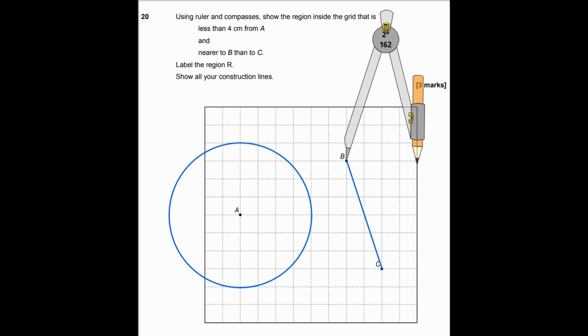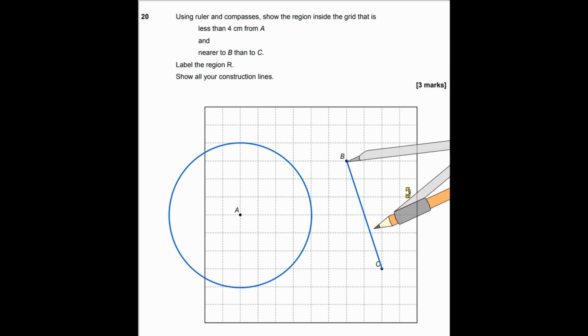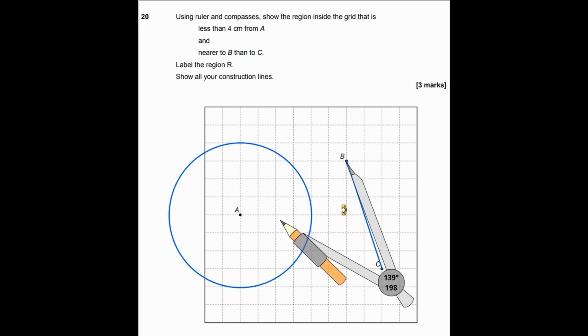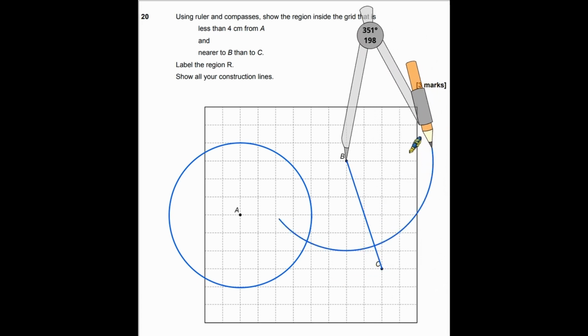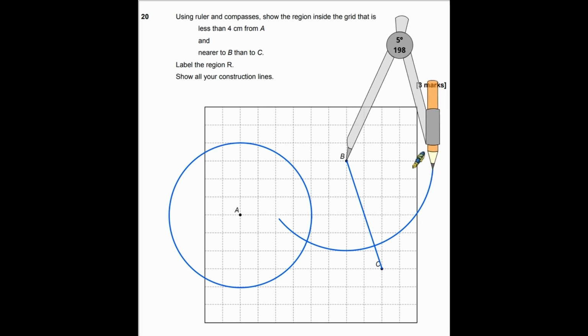We need to move these round so that the point of the pencil is certainly over halfway between B and C, which I will make about there. On this particular bit of software I have to draw it like this and make a circle, or a part circle, like so.